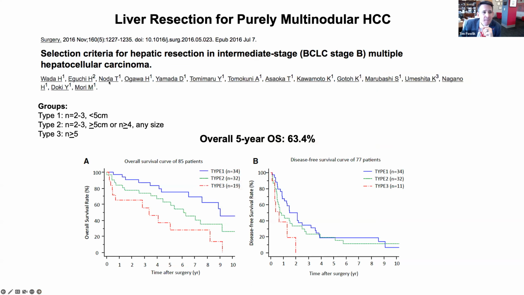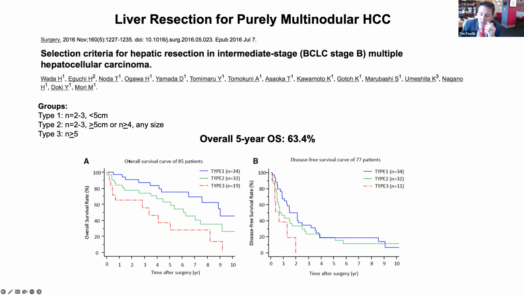And indeed, if you look at this study, again published from Japan, they classified patients into 3 different subtypes of categories for BCLC-B, and noted that those patients who had oligonodular disease that was small in size did better than patients who had a larger burden of disease.